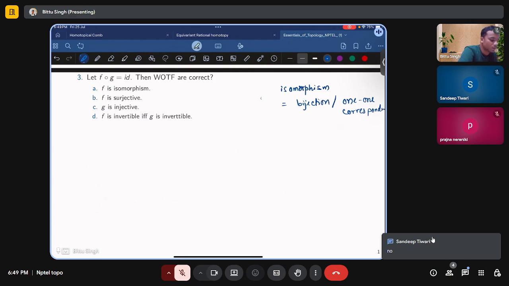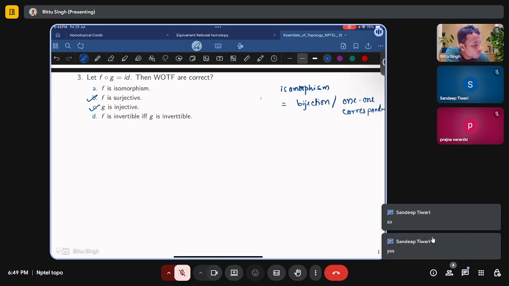The answer is no. So let me create an example. First of all, is f surjective? f is surjective, g is injective. Okay, so those two are true. How can we check? How do we check injectivity?